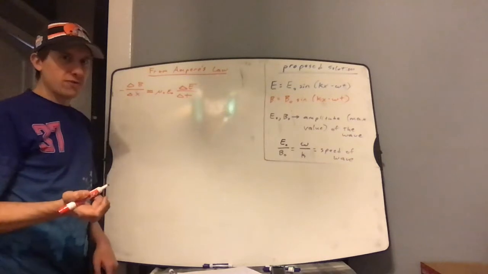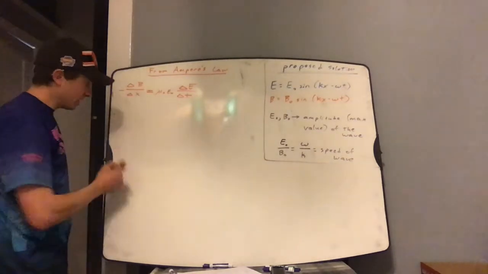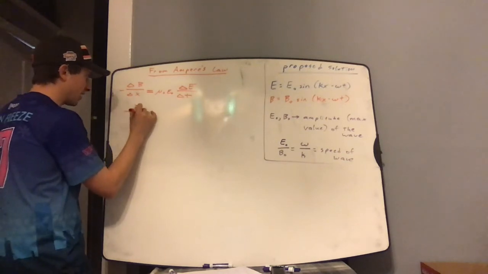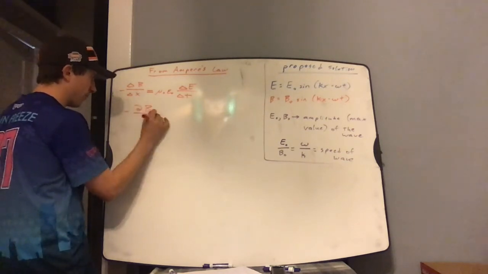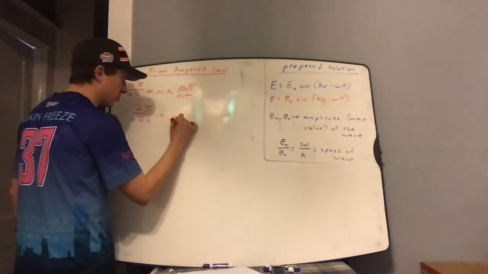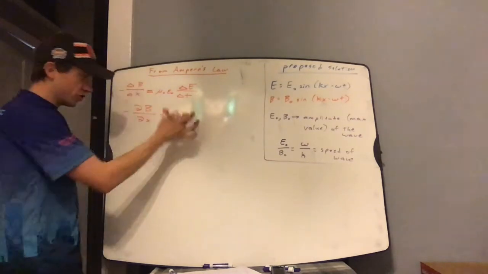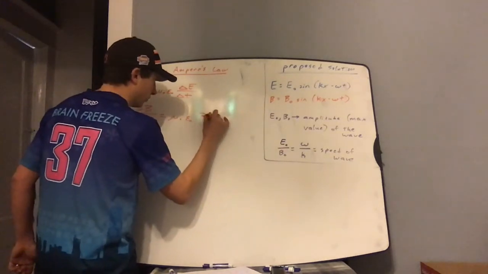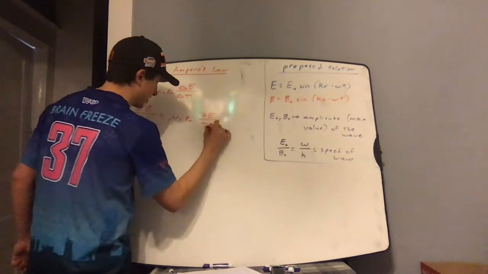A partial derivative is symbolized by a cursive d. So what I have on the left-hand side of Ampere's law is the negative partial derivative of magnetic field with respect to position, which is equal to mu naught epsilon naught, the two fundamental constants of nature, times the partial derivative of electric field with respect to time.